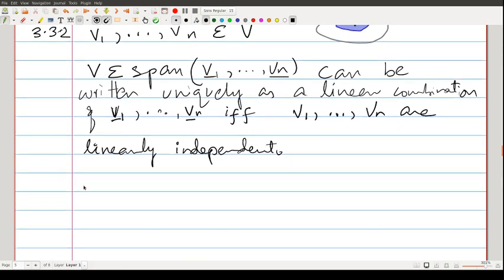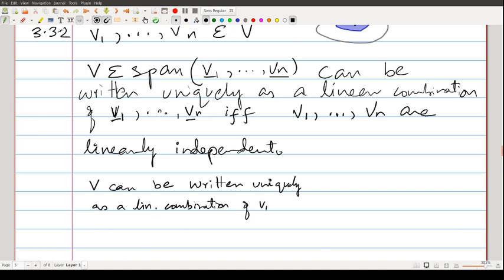Okay, and so the way to do this is to show two things. The idea is v can be written uniquely as a linear combination of v1 to vn if and only if the vi's are linearly independent, or rather, the set from v1 to vn is a linearly independent set.